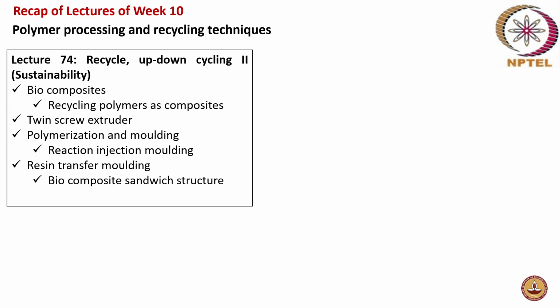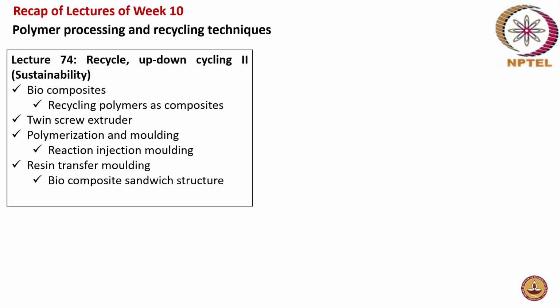The next lecture was again a continuation of recycle up down cycling. Here again, the concepts of biocomposites, like making composites out of recycled polymer and natural fibers. How can these composites be processed effectively for specific applications.